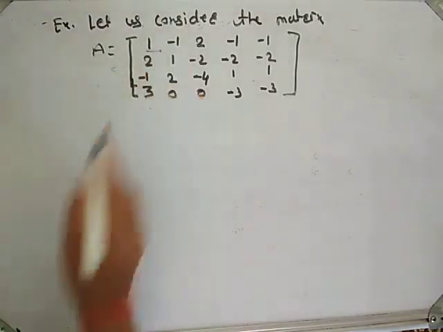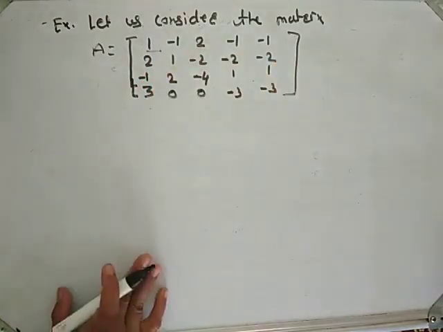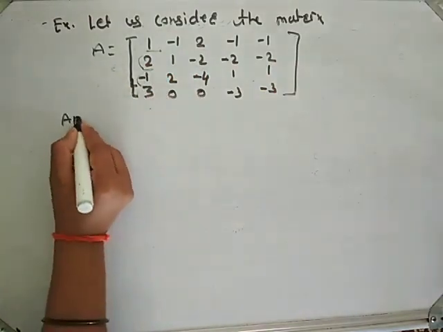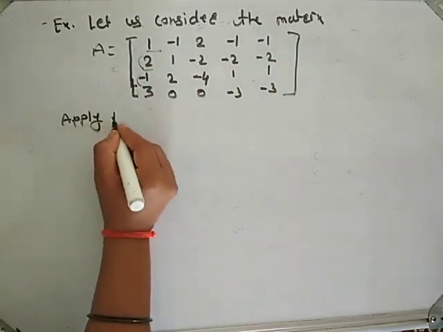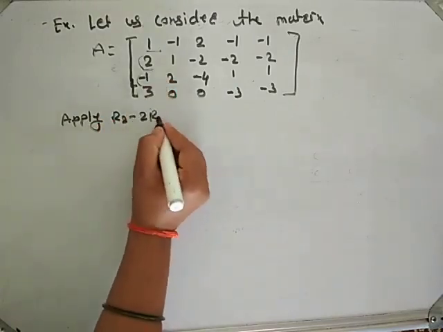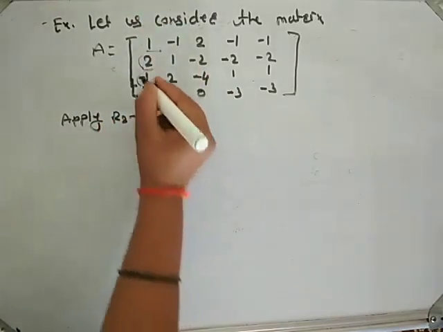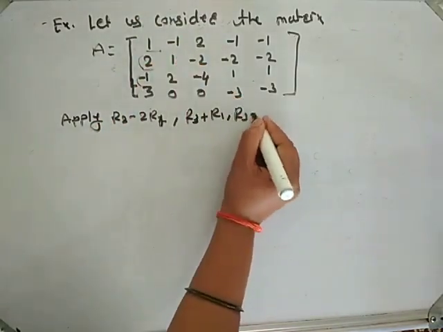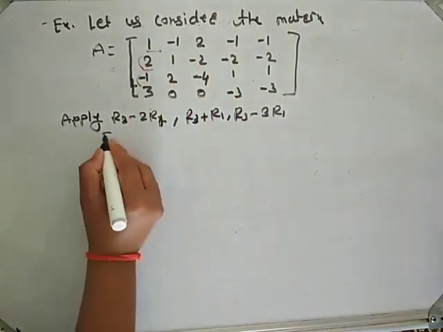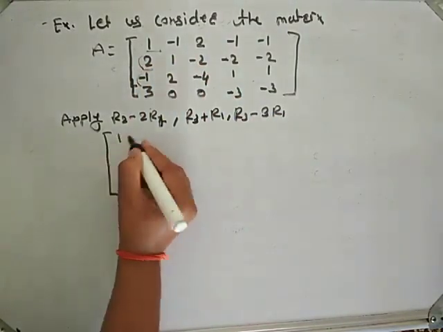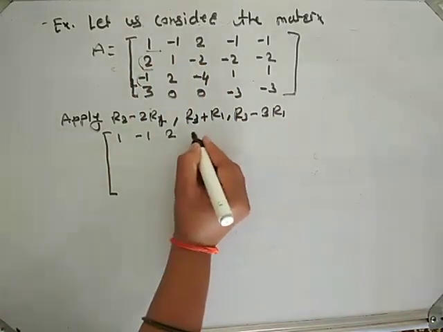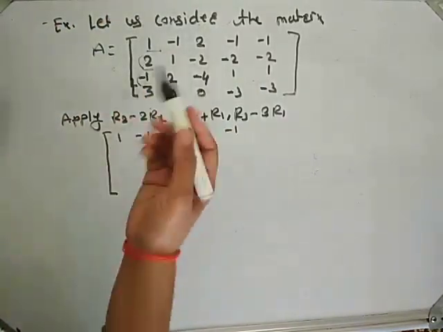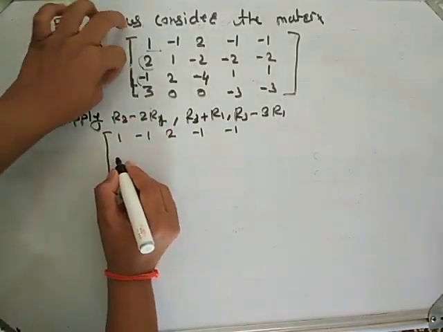Okay, this one is a leading one for this row. So here we require 0, 0, 0. For that we perform row operations. Apply R2 minus 2R1, means 2 minus 2 is 0. Next is R3 plus R1, and last one is R4 minus 3R1. So our matrix becomes 1, minus 1, 2, minus 1, minus 1 as it is. See here R2 minus 2R1, so 2 minus 2 is 0.